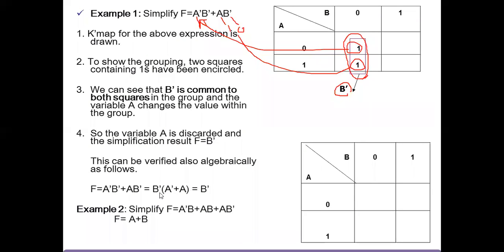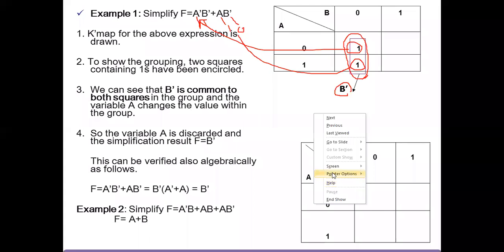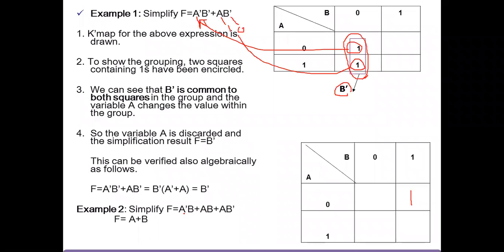Okay, let's see how we can do this. What are the corresponding values for these terms? A dash represents 0, B is 1. It should be 1 here. Tell me if I'm incorrect, okay?